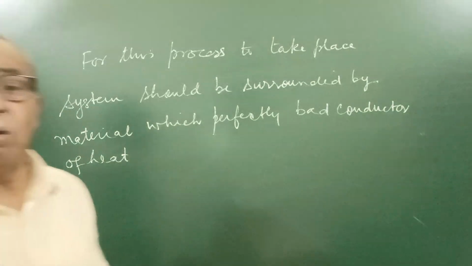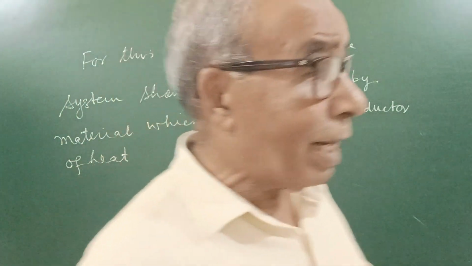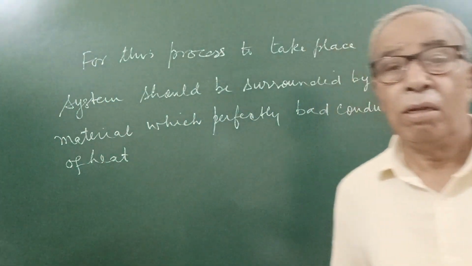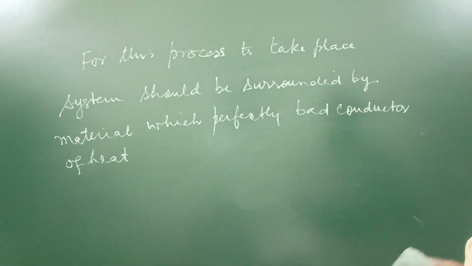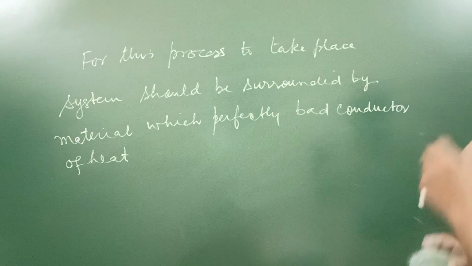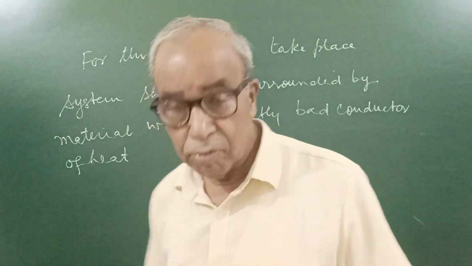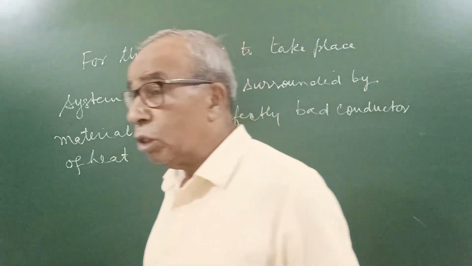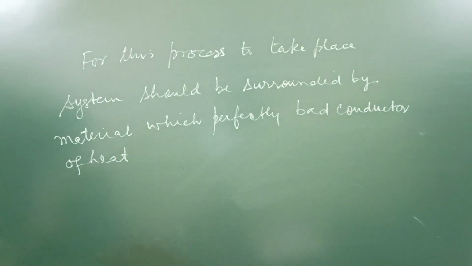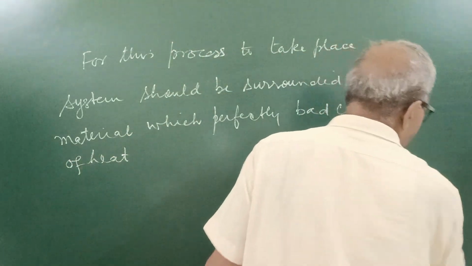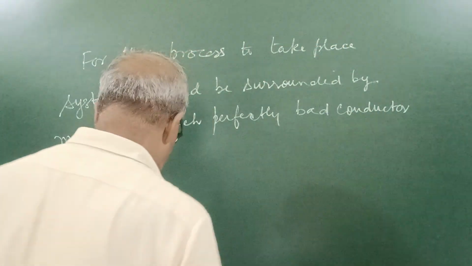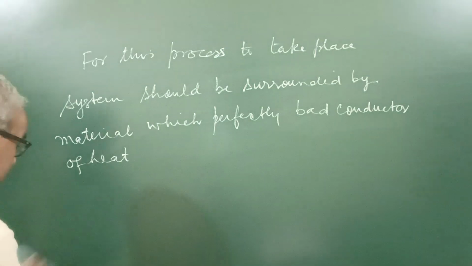But you know, we have very bad conductors of electricity, but ideal bad conductors for heat are not available. The wood, which we say is bad for heat, does not completely avoid the loss of heat. I have told you, the loss of heat can take place through convection also, radiation also.